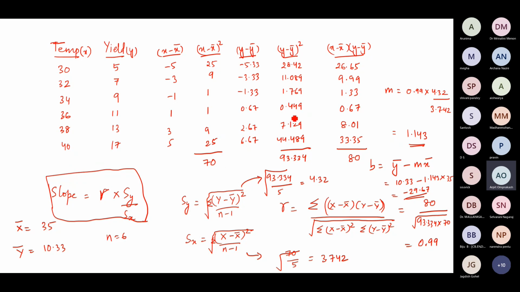Use that to get the slope. Then for intercept, we do y mean minus slope into x mean. That's how we get the intercept. This is the equation for the intercept. Is that clear?